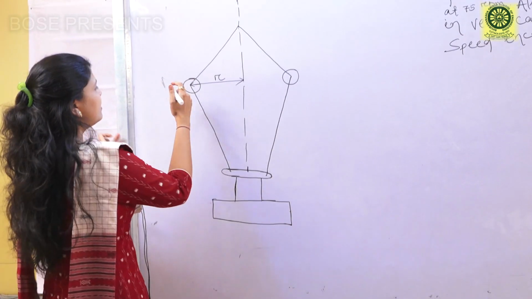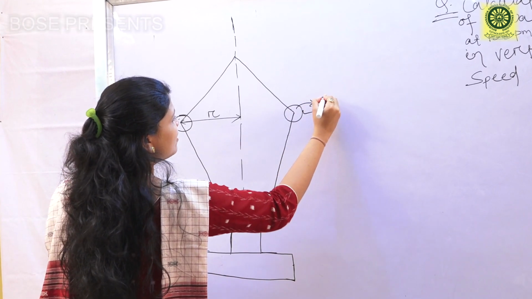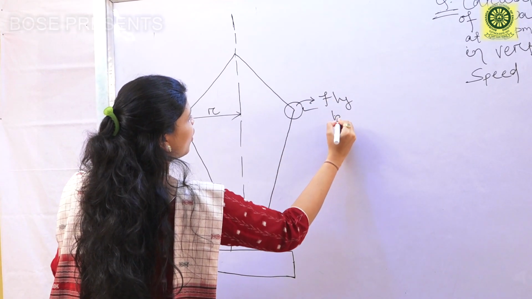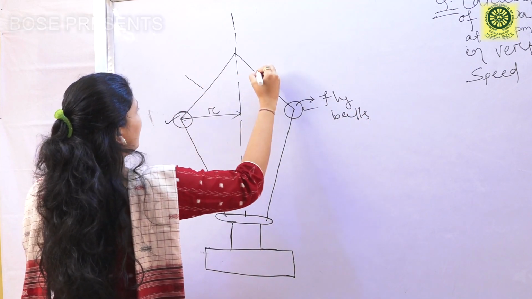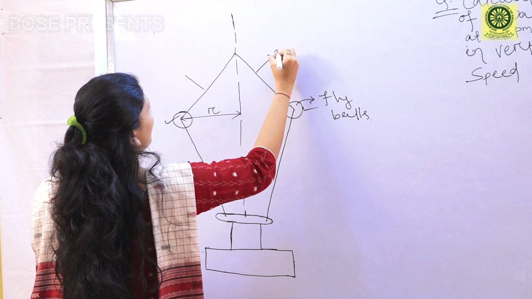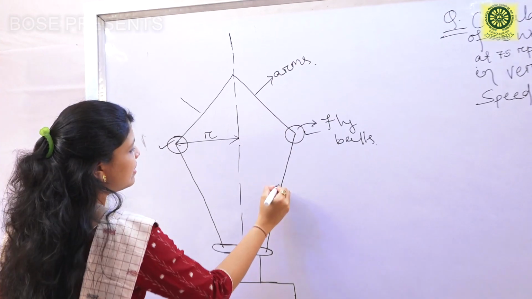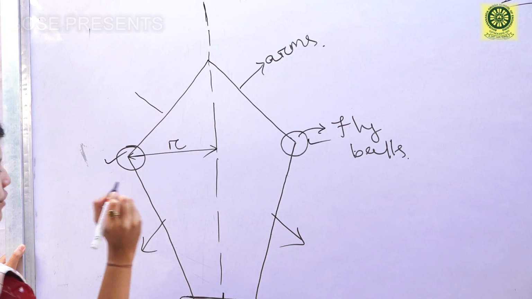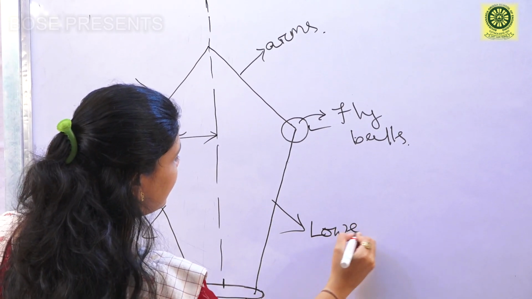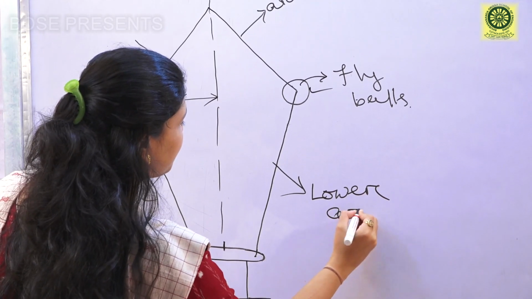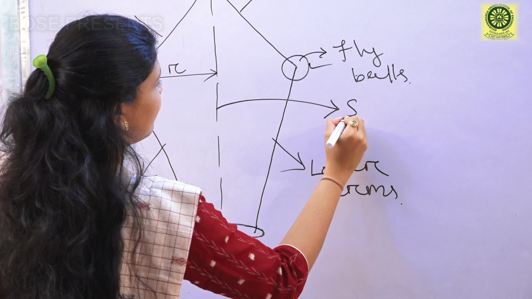First, these two balls are known as the fly balls, or governor balls. These two arms are known as the upper arms, or simply arms. These two, this one and this one, are the lower arms, also known as the limbs. This is the spindle of the governor.